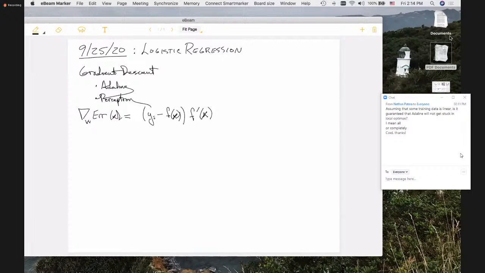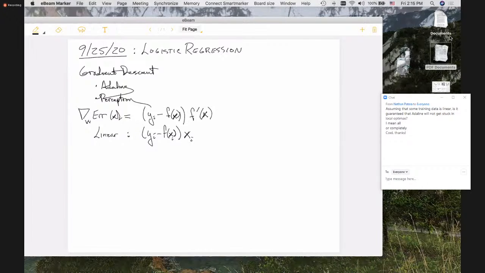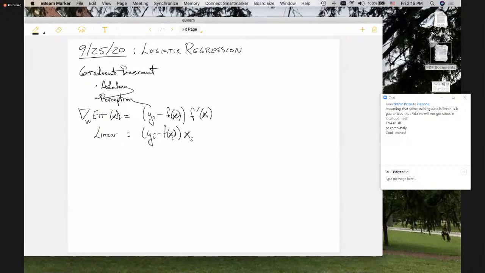Now, what's important about this is when we were dealing with a purely linear function, which is effectively what Adaline did, then all we had to do was multiply that times x, because f of x was simply that weighted sum. And we're taking the derivative with respect to one of the members of that sum. The others are all held constant. They all drop out.